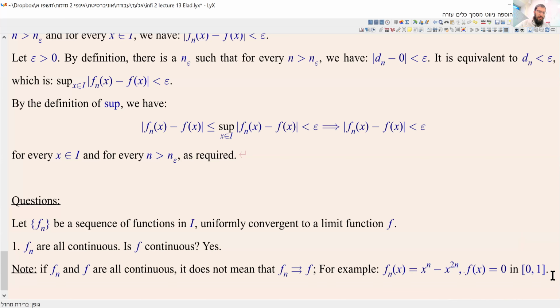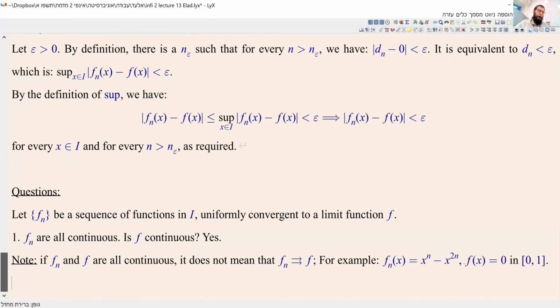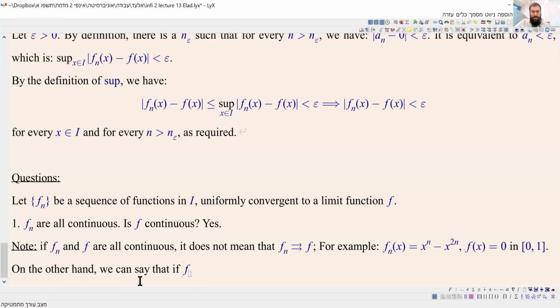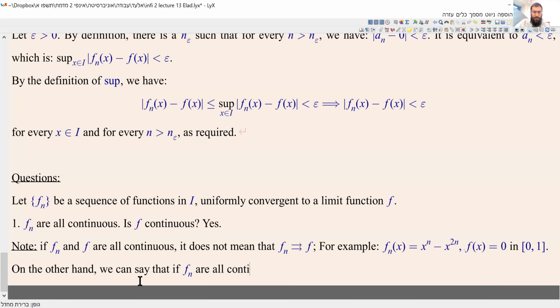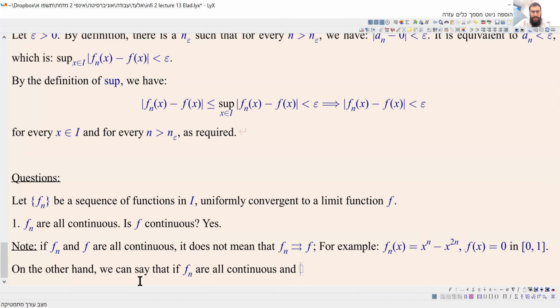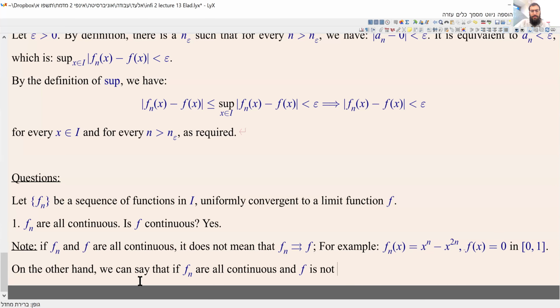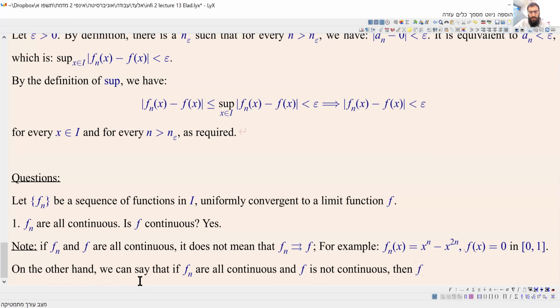What more is true, the equivalent theorem or claim: if Fn are all continuous and f is not continuous, then necessarily Fn isn't uniformly convergent.